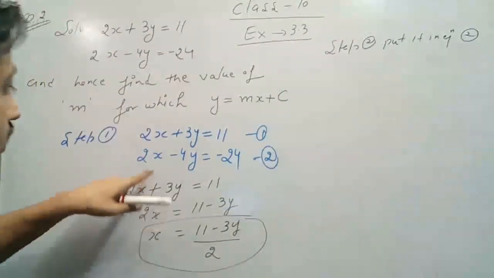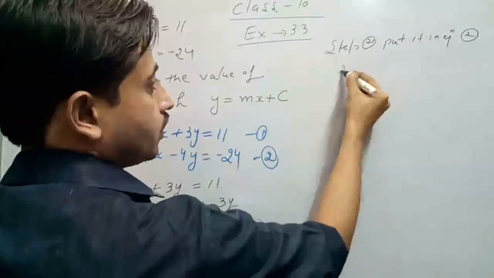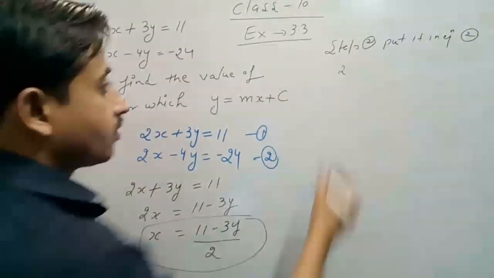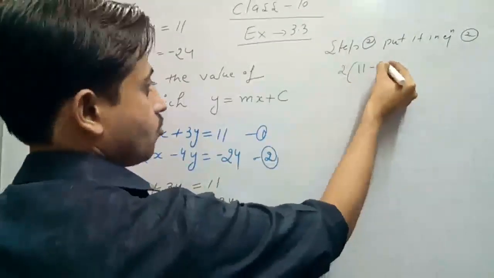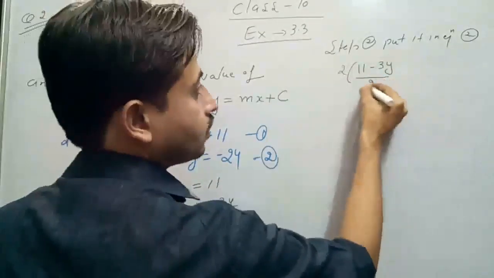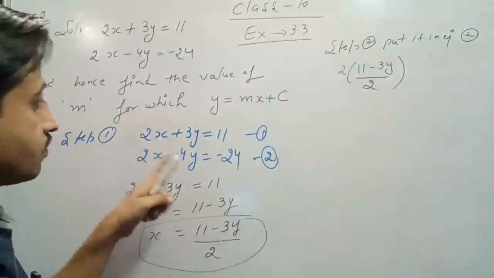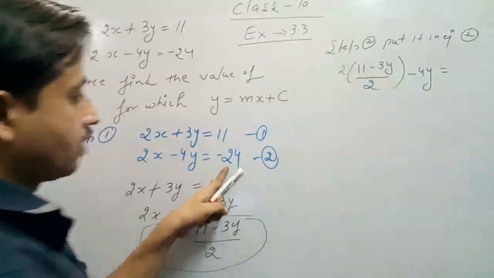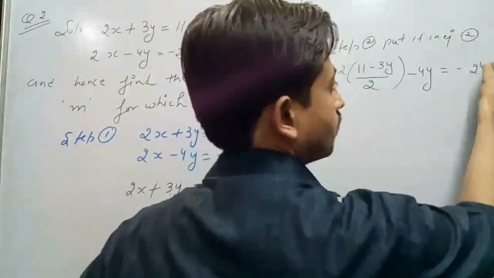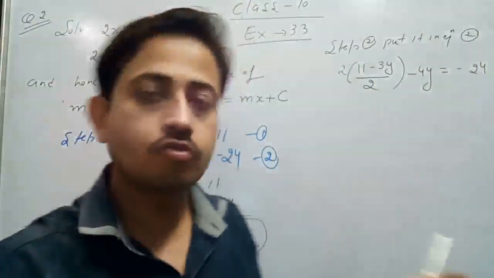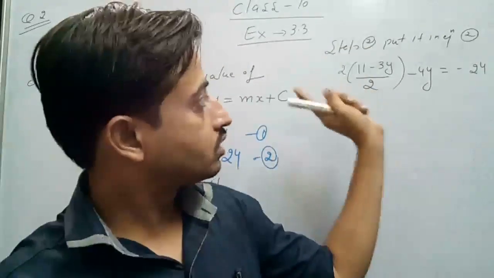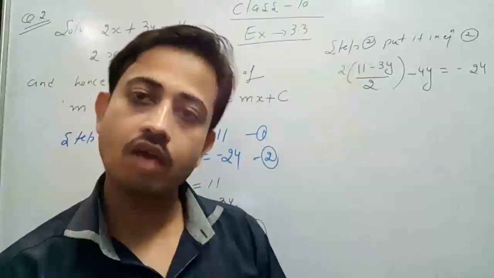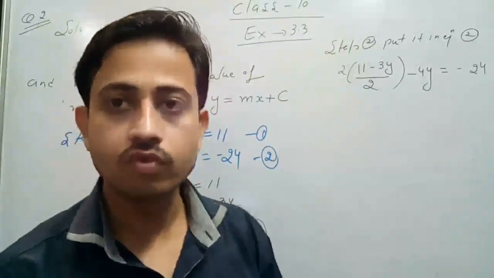The second equation is 2x minus 4y, so 2 into x, where x is (11 minus 3y) divided by 2, and the remaining terms as they are, minus 4y is equal to minus 24. Now it's very easy to calculate because this equation becomes a single variable equation, and the variable is y.